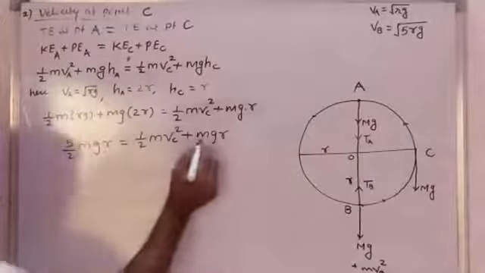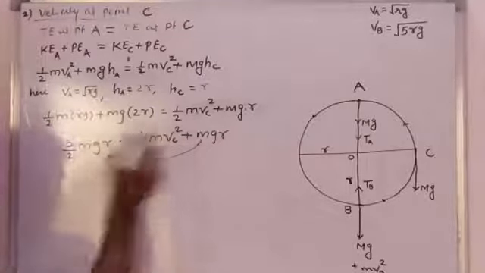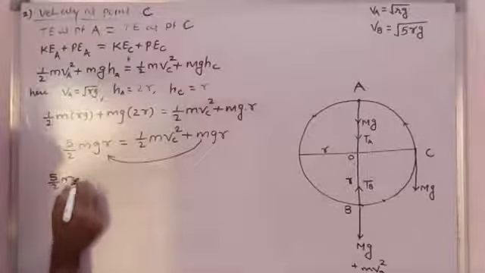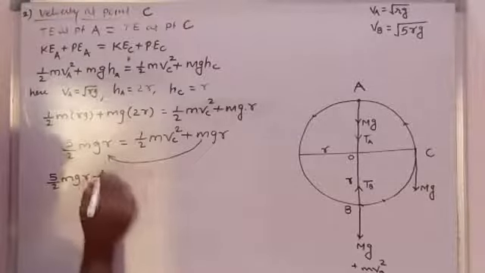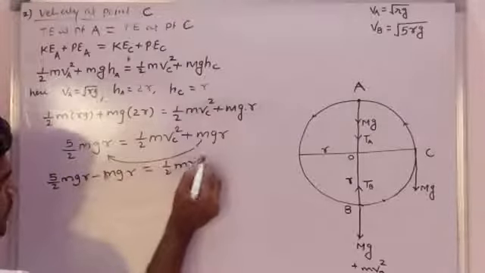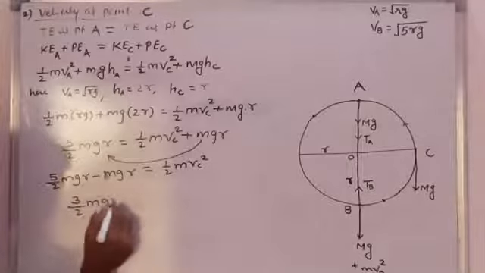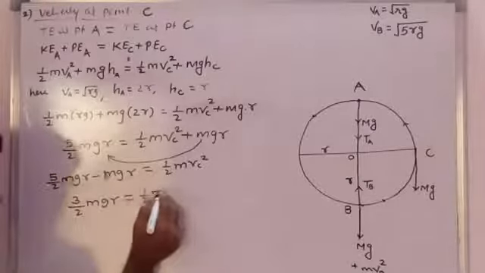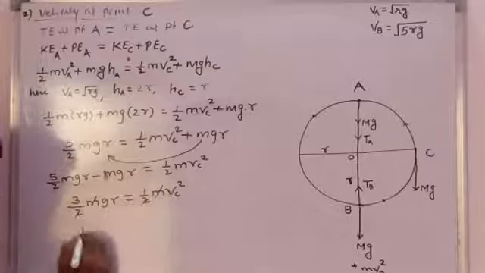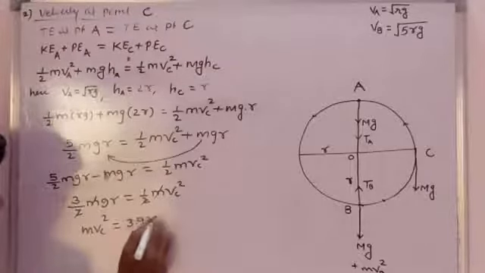Now we bring this mgr to left side, that is 5 by 2 mgr minus mgr is equal to half m Vc square. So this becomes 3 by 2 mgr is equal to half m Vc square. The 2 gets cancelled, and m cancelled, and here we write Vc square is equal to 3gr.